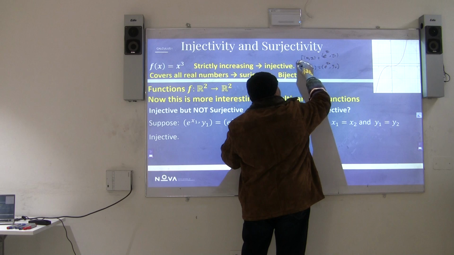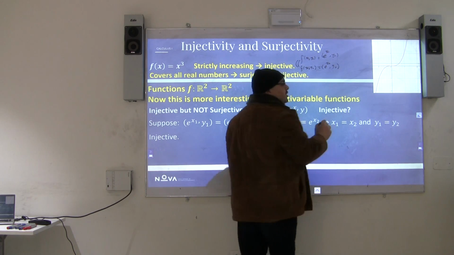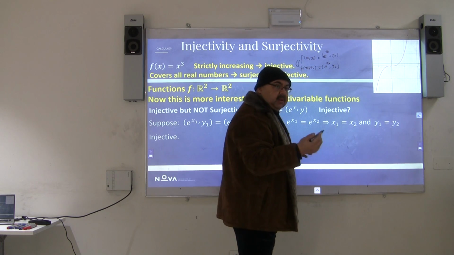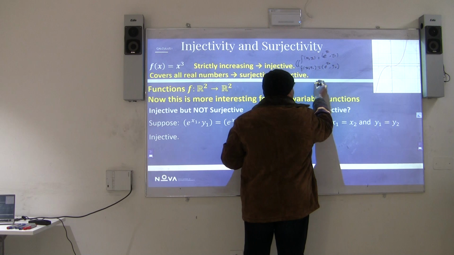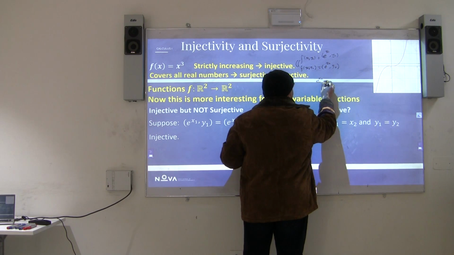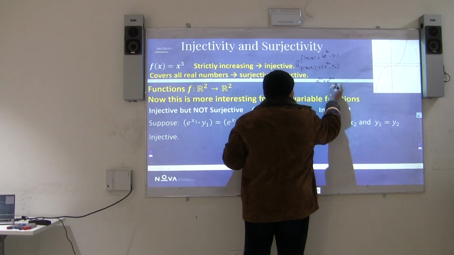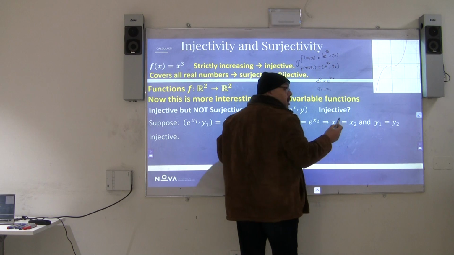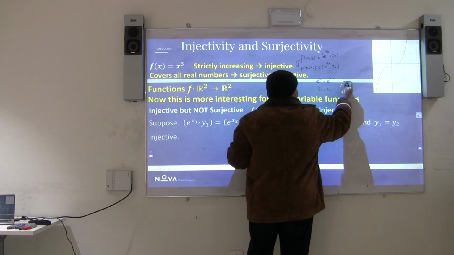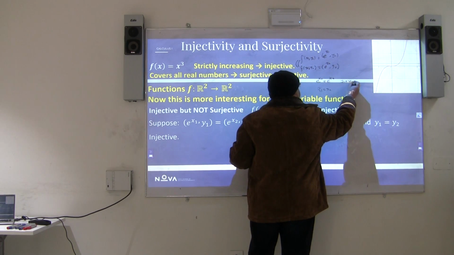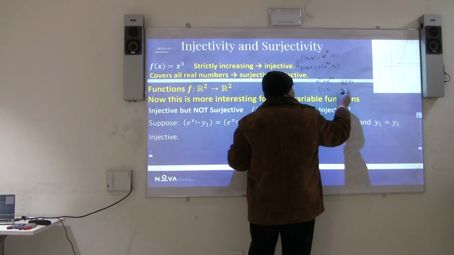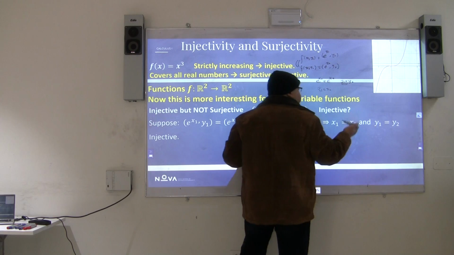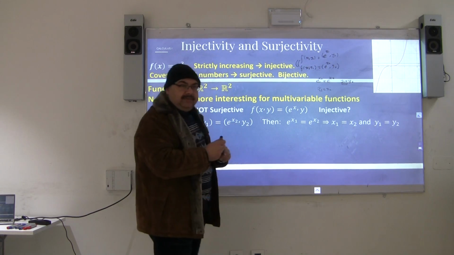If these two are equal to each other, what's going to be the result? The first components give e to the x1 equal to e to the x2. Am I right? When bases are equal, then the powers are equal. Okay, same for y: y1 is equal to y2. That means x1 equals x2 and y1 equals y2, so the two points are equal to each other. So it's an injective function.